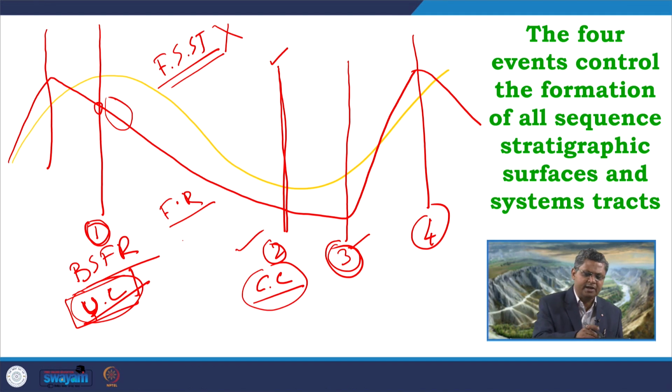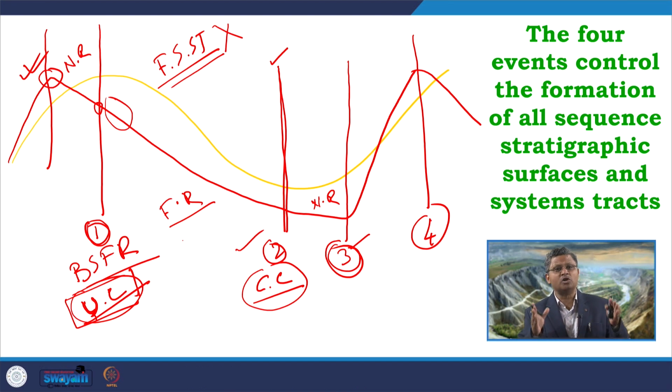So, regression is starting and continuing, initially a normal regression followed by a forced regression followed by another normal regression, and this is the entire phase of regression going on continuously in the basin, and this is the boundary which demarcates the end of the regression and start of transgression. So, this surface is identified as the maximum regressive surface or MRS, the surface demarcating the maximum extent of regression in the basin under that phase of base level fluctuation.